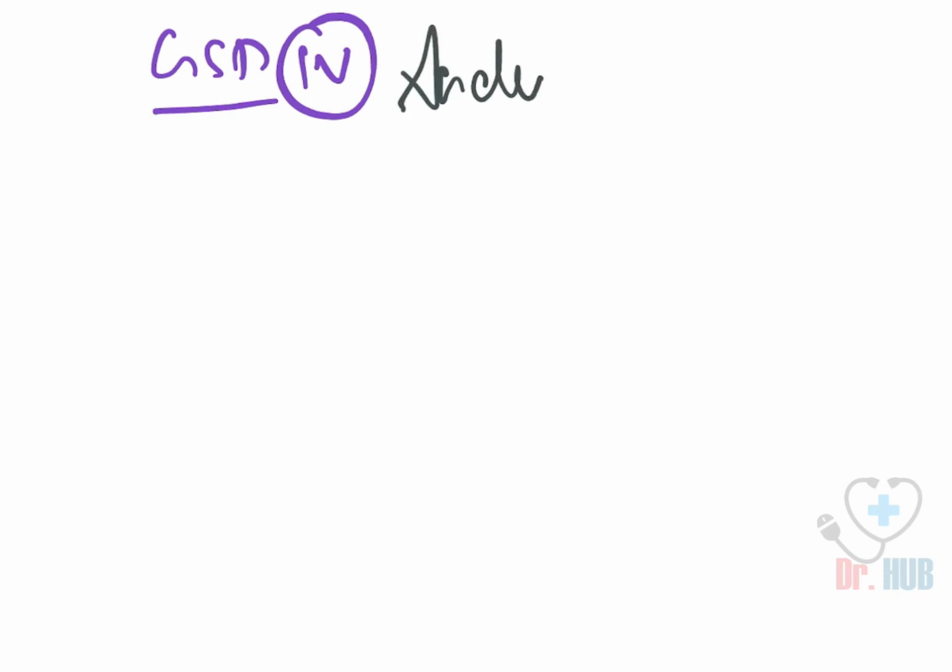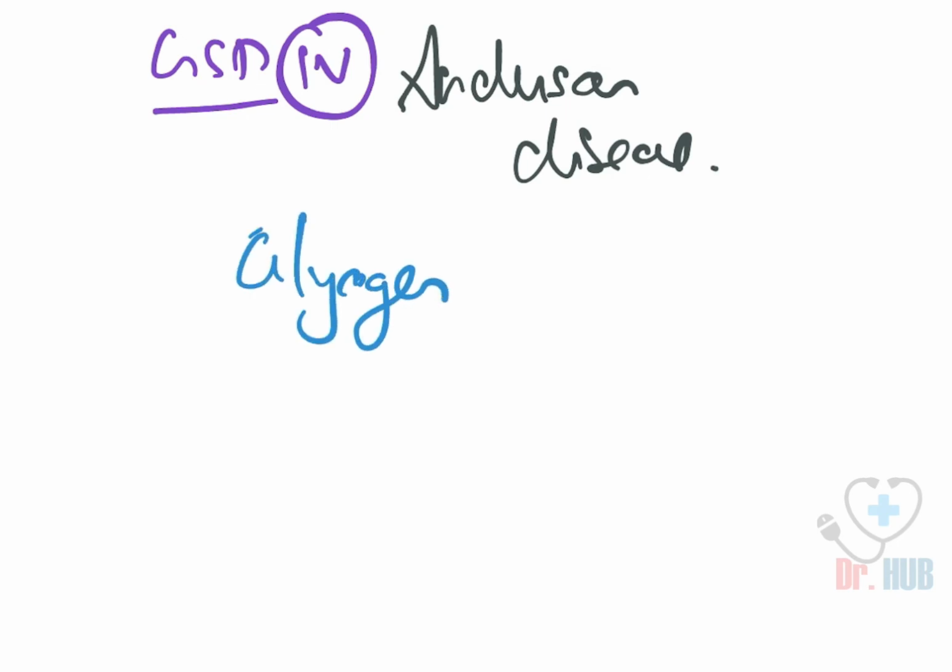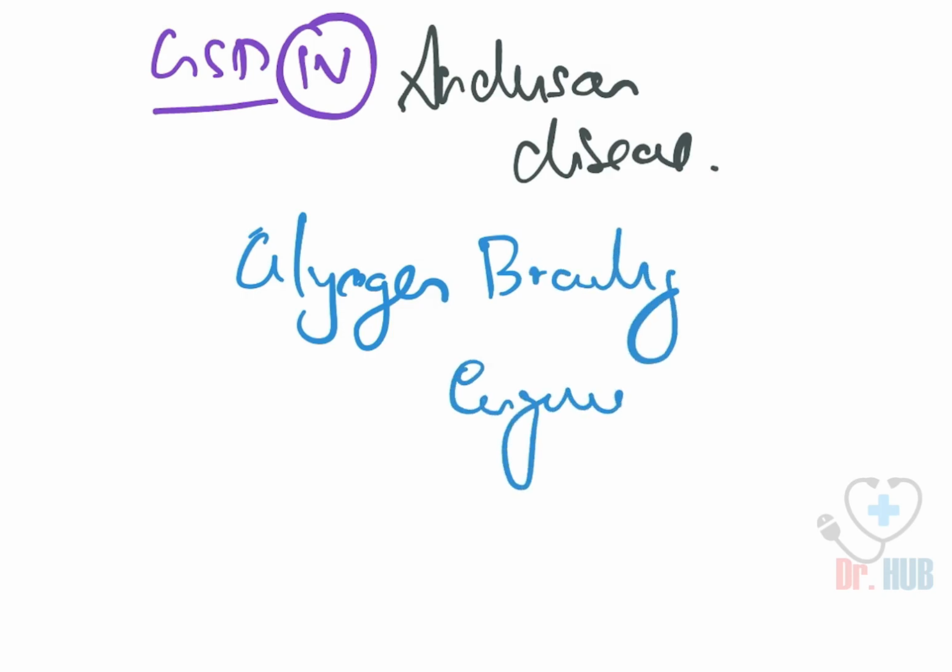Next, we look at the GSD type 4. This is the Anderson disease. So in case of the Anderson's disease, the defect is in the glycogen branching enzyme. And what are the symptoms?